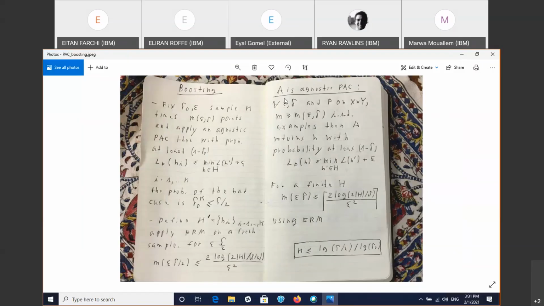PAC learning means that we have two parameters that control this, which is epsilon and delta. The delta is the chance that, in spite of the fact that we get enough samples, where m is the number of samples, we are not going to succeed in learning.